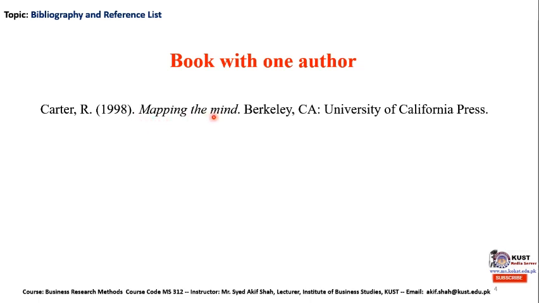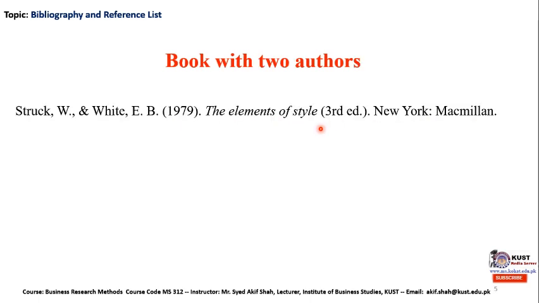The italic Mapping the Mind is actually the name of the book. And the final section of the reference, which is Berkeley, CA, colon, University of California Press, is the printing press or the publisher name. The first section belongs to the author name and year of publication, the middle italic one is the name of the book, and the final section belongs to the publisher.